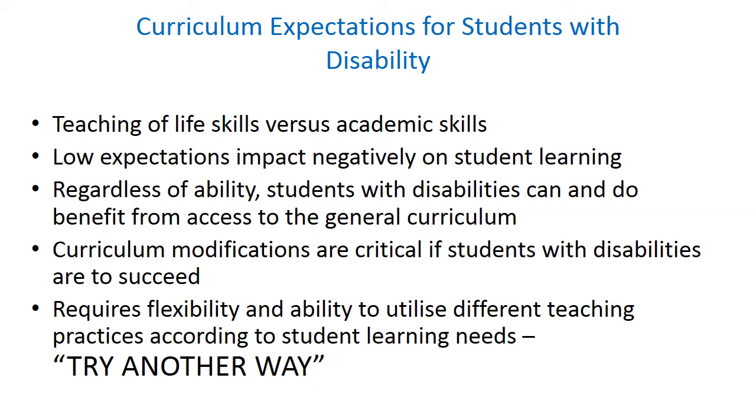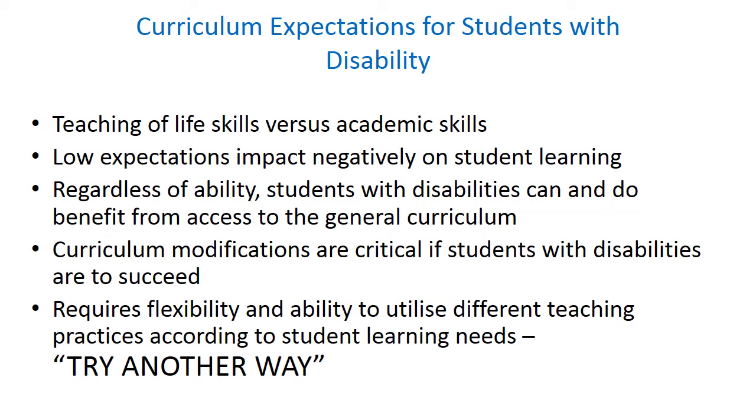So if we're thinking about what are curriculum expectations, we've referred previously to the distinction between teaching life skills or academic skills. In my view, academic skills are fundamentally important to preparing people for adulthood. That's why we teach them in schools.